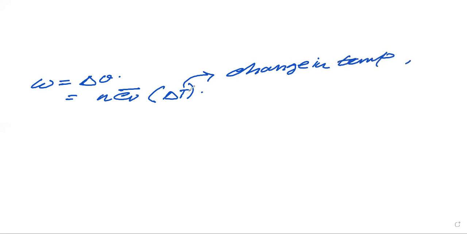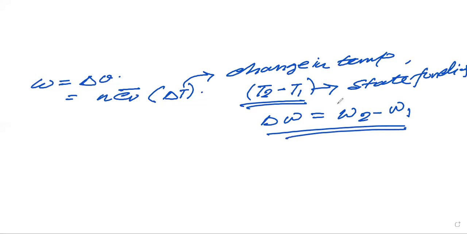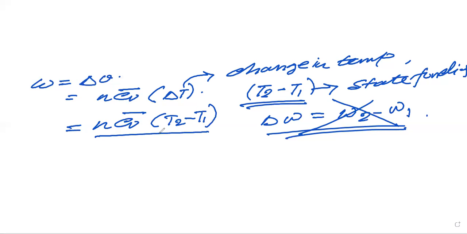In chemistry, change means final state minus initial state, and this applies only to state functions. We cannot write delta W equals W2 minus W1, as W is path dependent. This never happens. So we have the equation n Cv bar (T2 minus T1), and we will use this equation throughout.